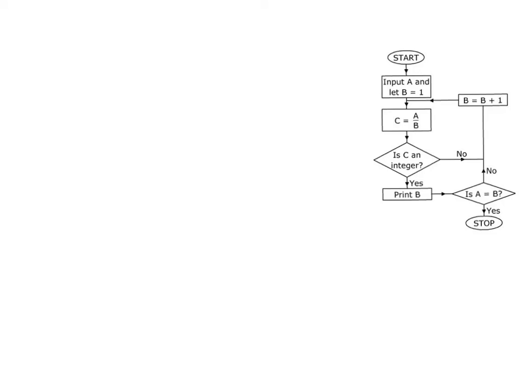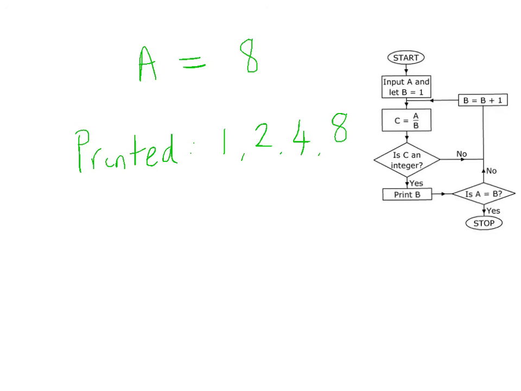Now, quite often in an exam question, you might be asked to explain what the flowchart and algorithm has done. Normally this will be quite simple in terms of you should be able to see what has happened in your algorithm. We started here with a value of a equals 8, and the values that we printed in our trace table were 1, 2, 4 and 8.